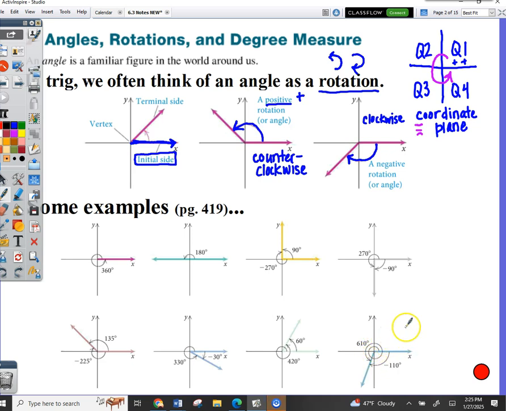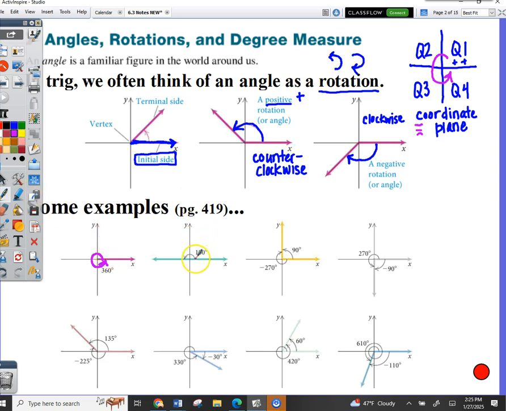Notice where the initial side lands, or the terminal side lands. This is saying, here's an angle that opens up and rotates 360 degrees. Doesn't even look like an angle, right? But because it has this arrow drawn, it's letting us know this is definitely a 360 degree angle.